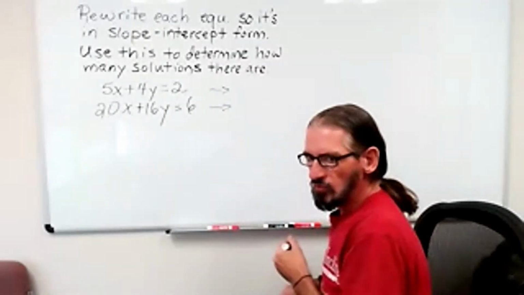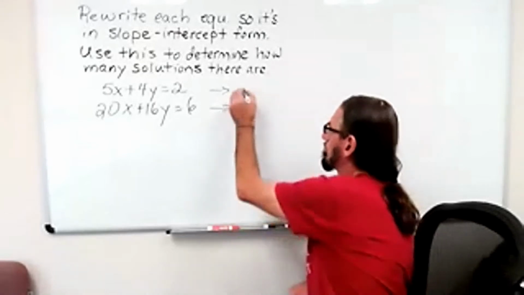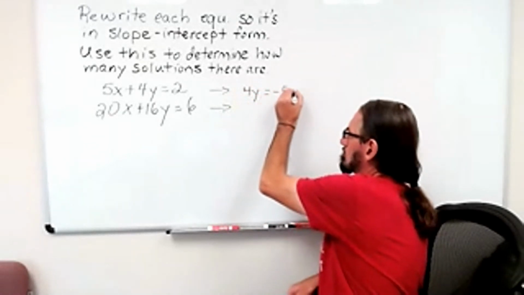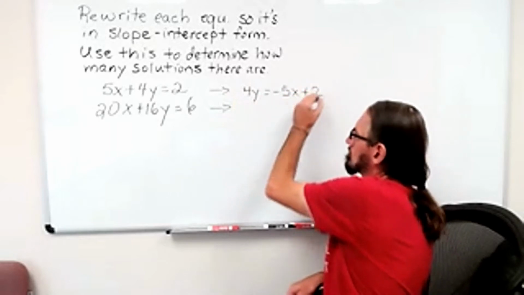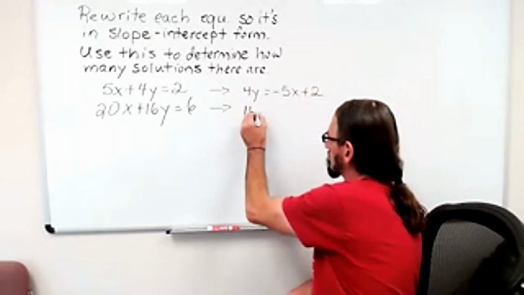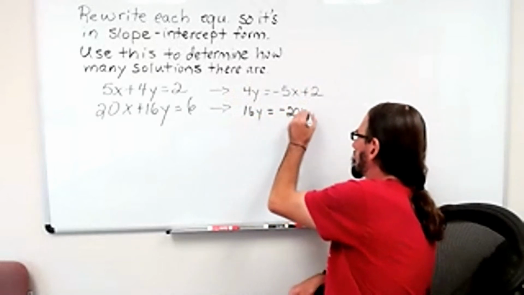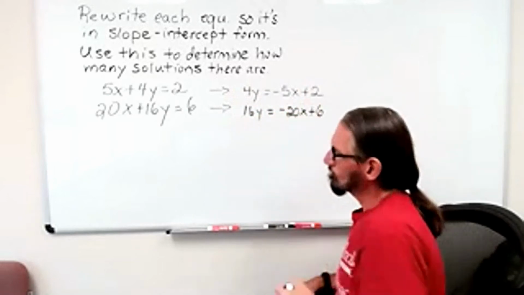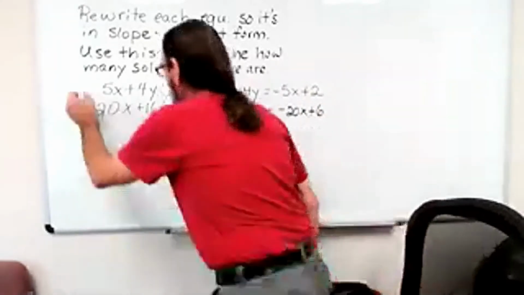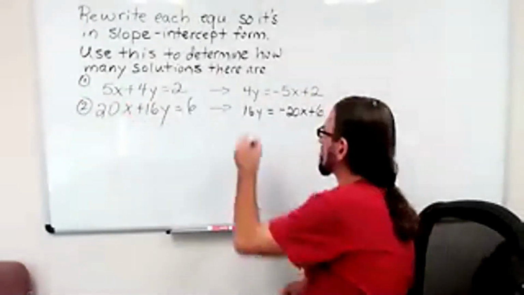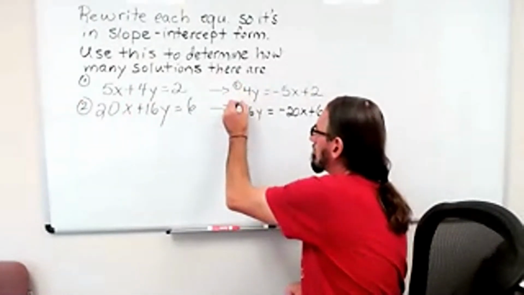On each of them, we'll have to subtract the x term first. And then we will have to divide by the coefficient of y.